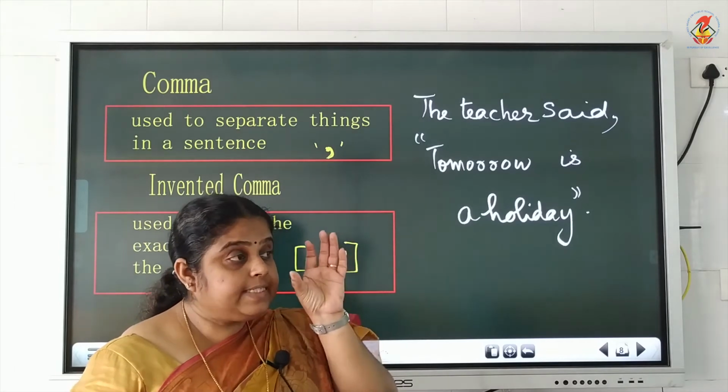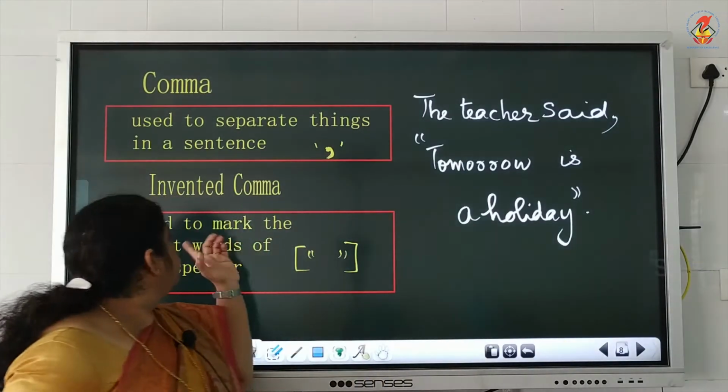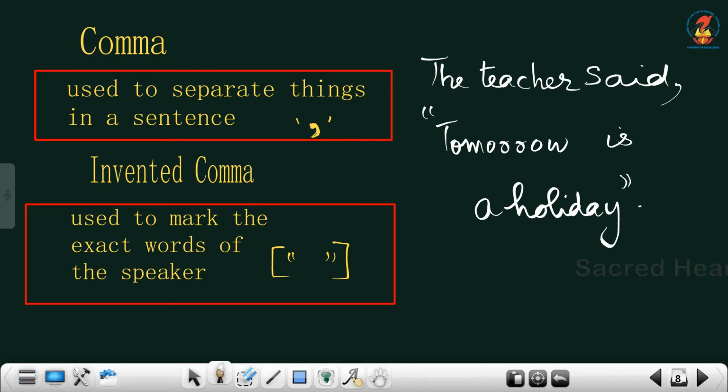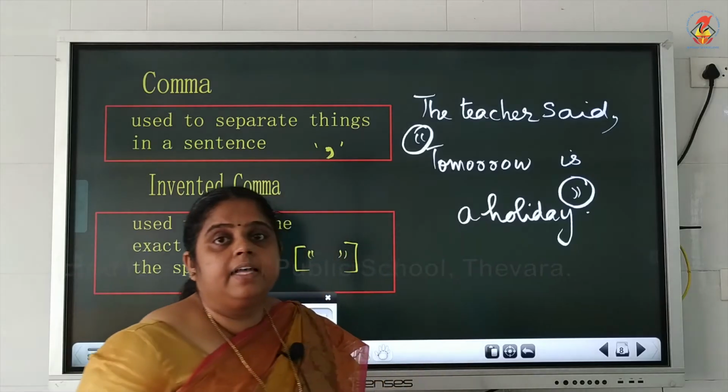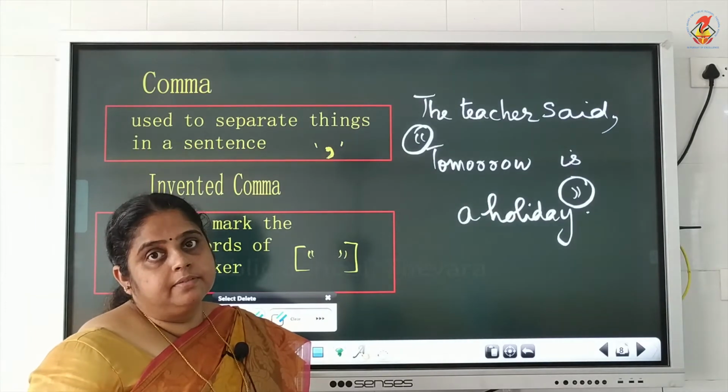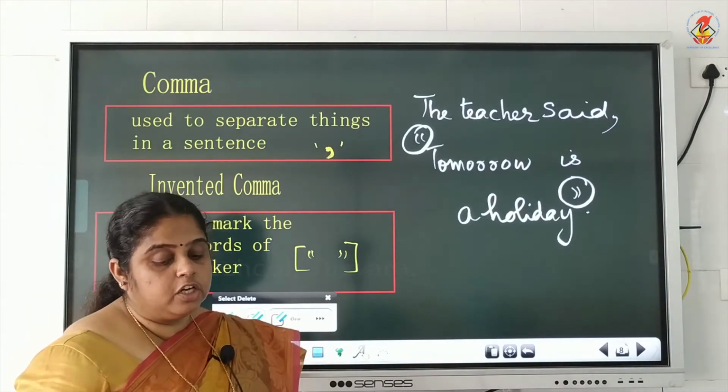To mark the exact words of the speaker, we use the inverted comma. Where the teacher's sentence starts, we will start the inverted comma, and at the end of that sentence, we will end the inverted comma.